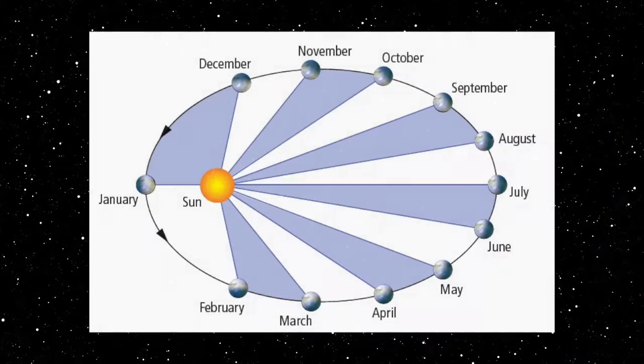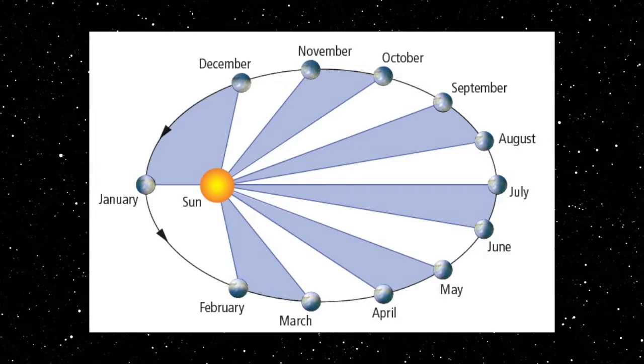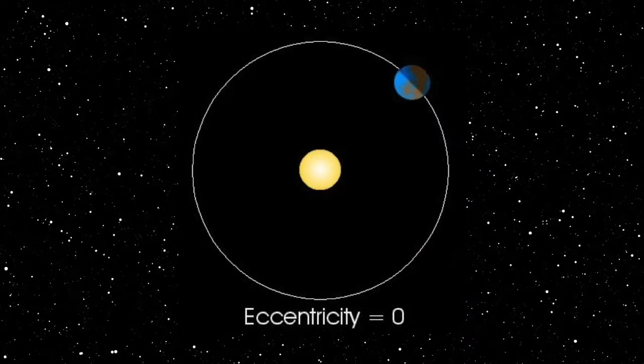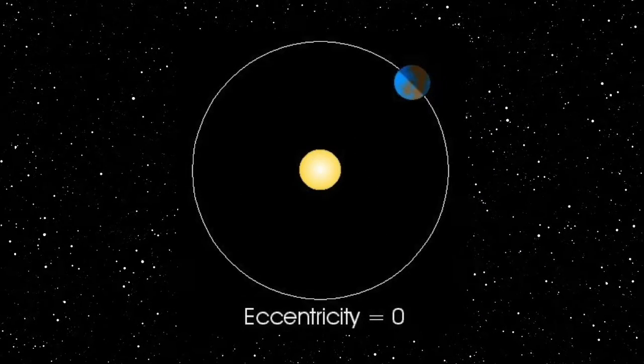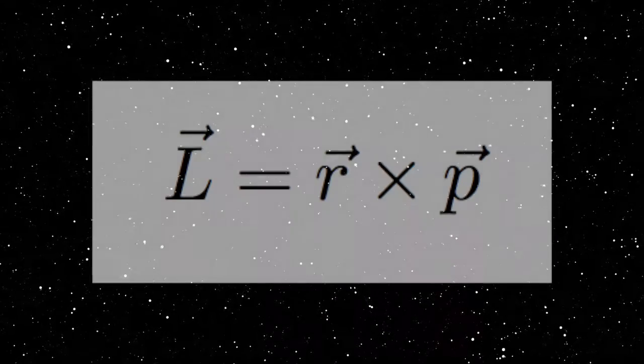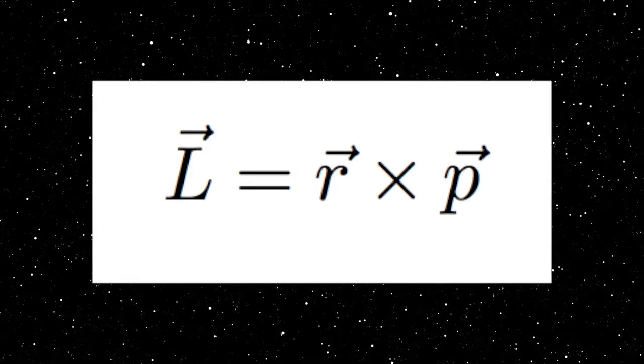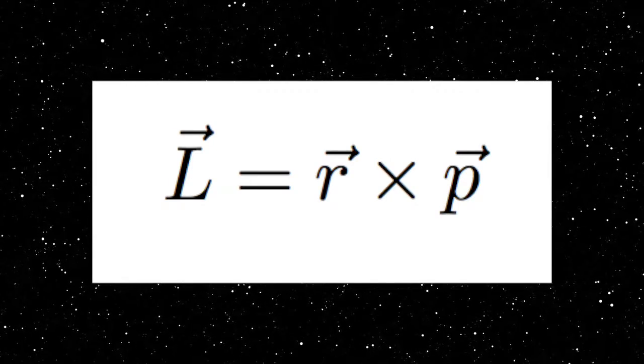We can also explain the position of the Earth during the months. This works only with an ellipse, because with a circular orbit the velocity would be constant. The second law is a consequence of the conservation of angular momentum, that is the measure of the amount of rotational motion in a body or a system of bodies.